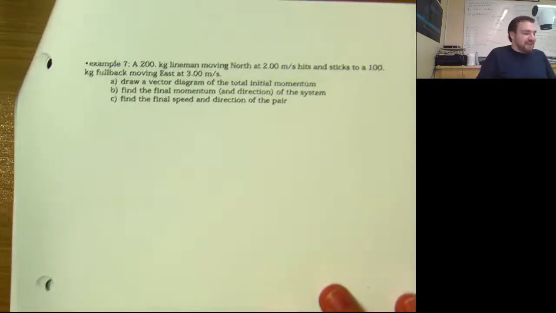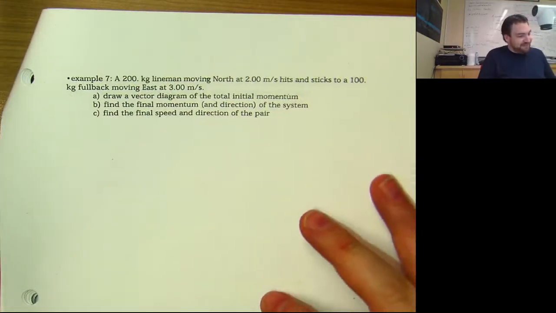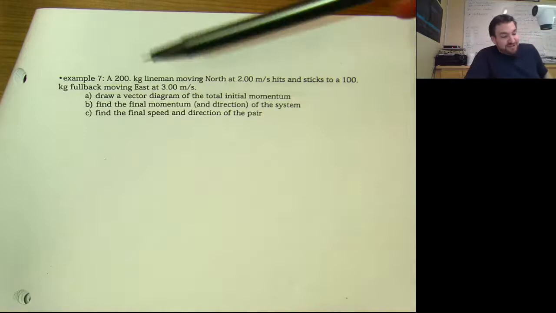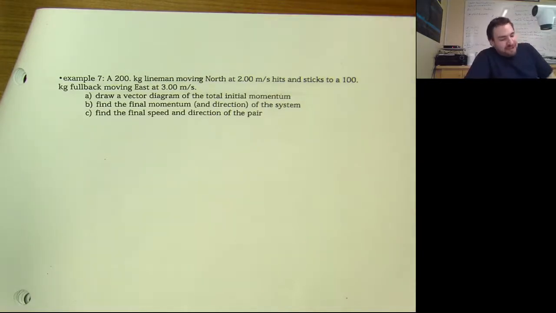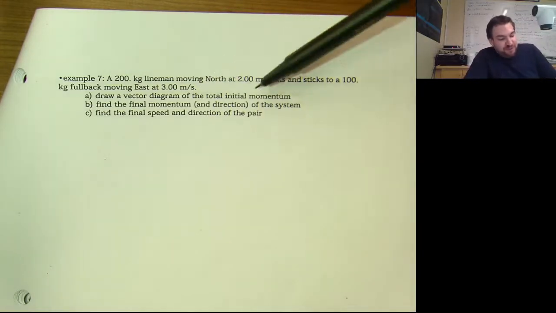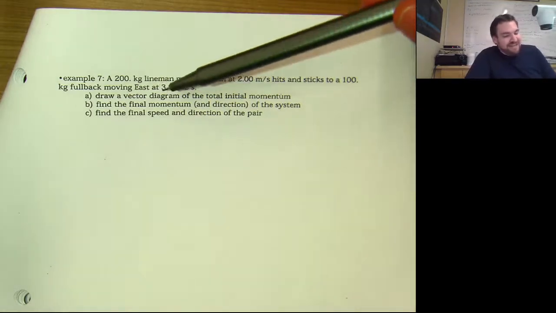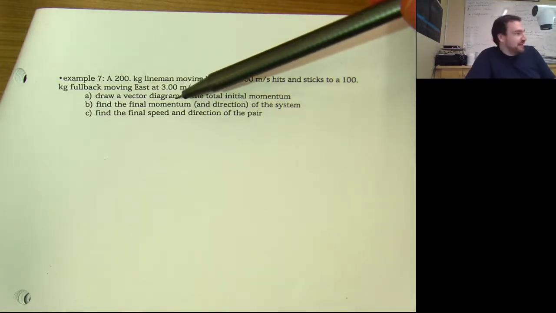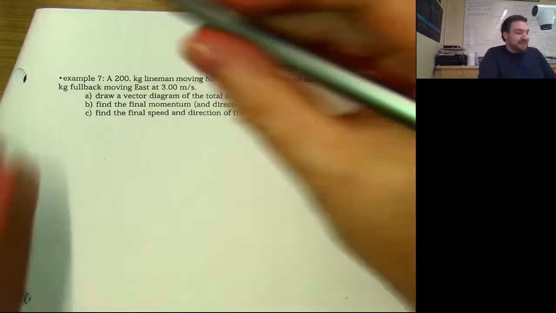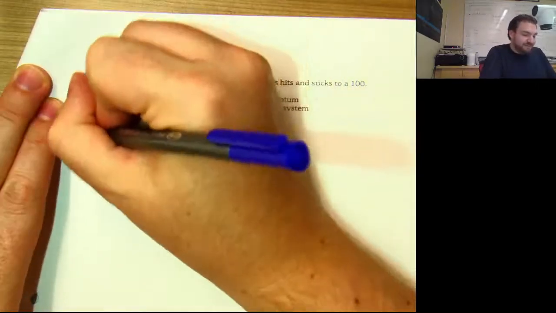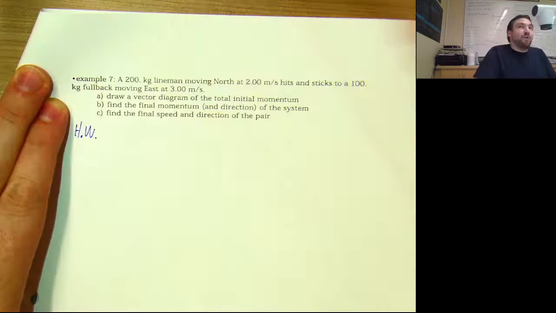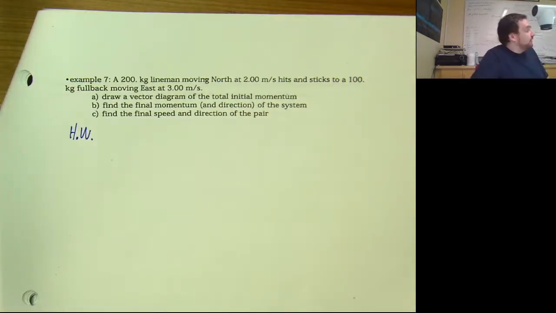Okay. Flip the page. Example 7. We're not doing all of them. A 200 kilogram lineman moving north at 2 meters per second hits and sticks to a 1 kilogram fullback moving east at 3 meters per second. I want you to try this for homework, not now.